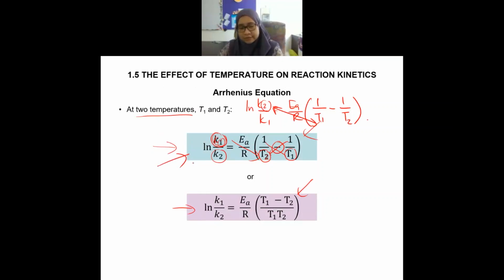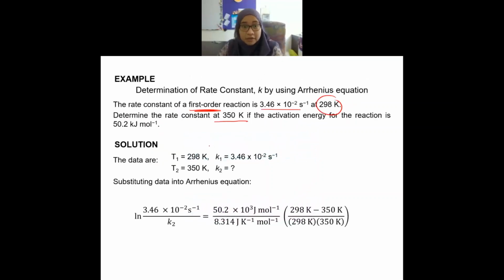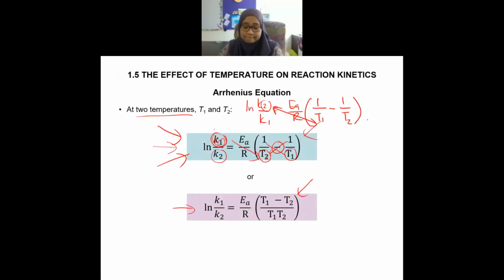We use this one. Read the question carefully. We have two equations, and the rate constant is given at 298 Kelvin, while the question is asking for the rate constant at 350 Kelvin. So definitely we must use this formula.